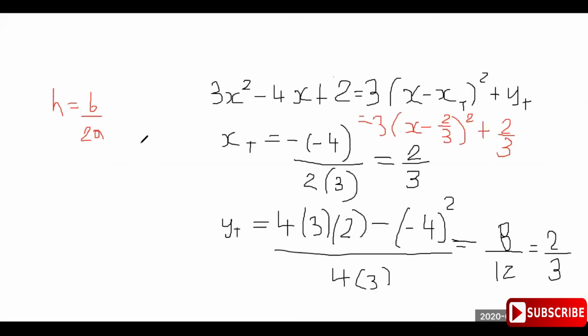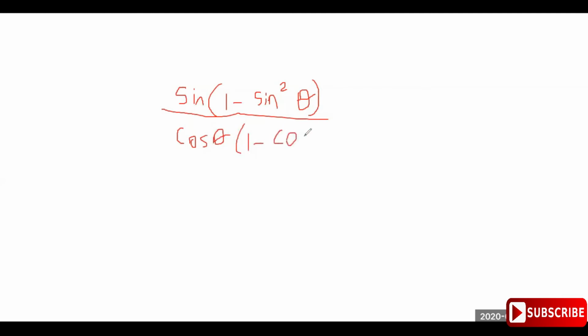So they give us a trig identity. We have the sine of theta times 1 minus sine squared theta over cosine theta times 1 minus cosine squared theta. Well, 1 minus sine squared theta is cos squared theta, and 1 minus cos squared theta is sine squared theta.